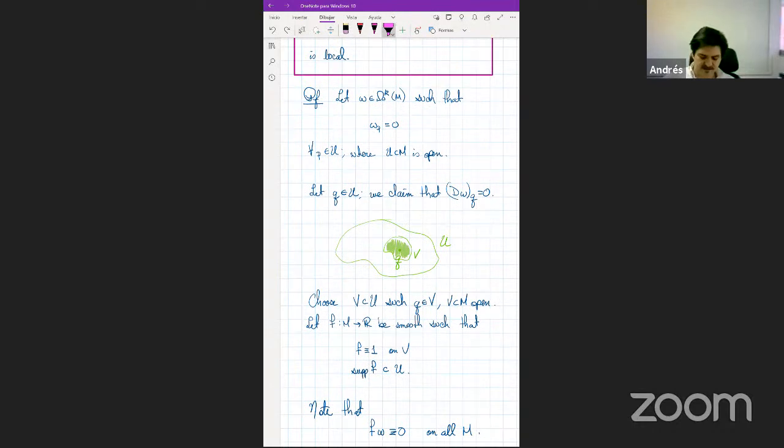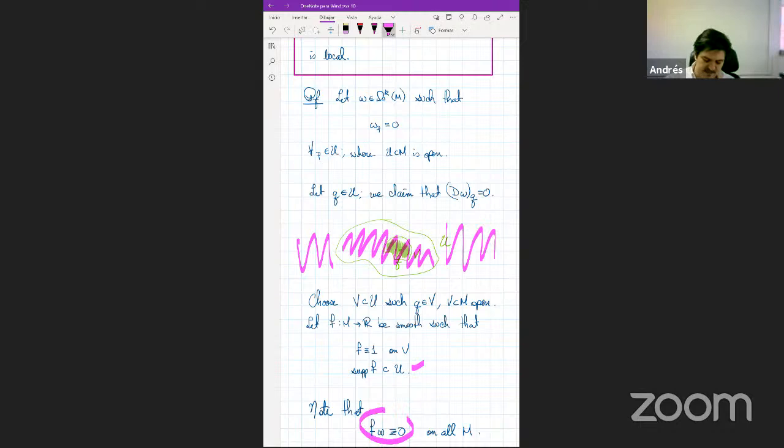Then f omega is a K-form. This again is a K-form, but that K-form is 0, right? Because omega is 0 on U, and f is 0 on the complement of U. That means that this is 0. That's clear to you?